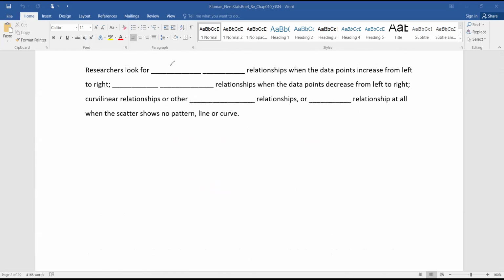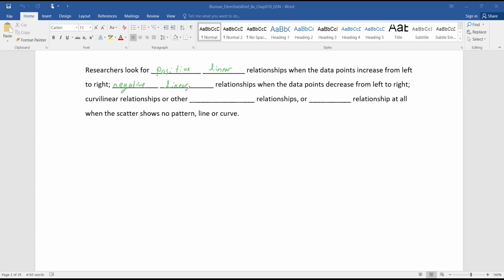Researchers look for positive linear relationships when the data points increase from left to right. Negative linear relationships are when the data points decrease from left to right.